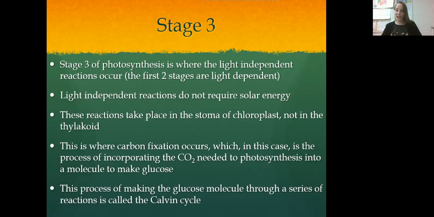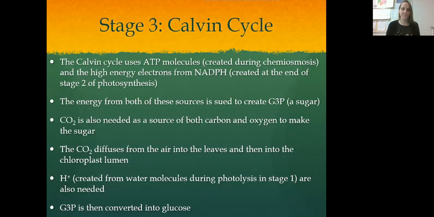That's what carbon fixation is. In order to do that, we also need water molecules, plus we need the ATP that we just made, and we need the NADPH that we made. And all of that happens in something called the Calvin cycle. So the Calvin cycle is the name for the light independent reaction.